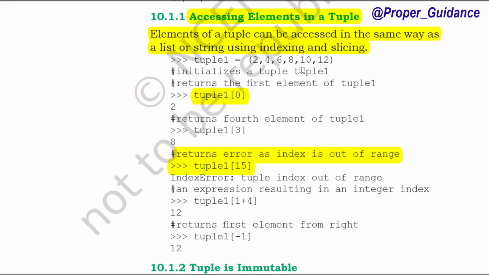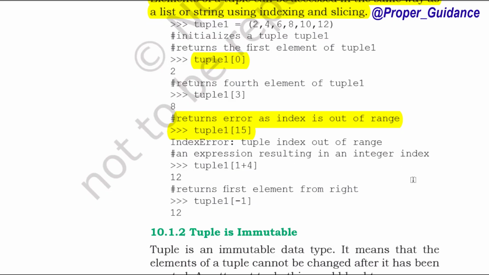So it will return an error, an IndexError: tuple index out of range. Clear? An expression resulting in an integer index, such as tuple1[1+4], returns the first element from the right.